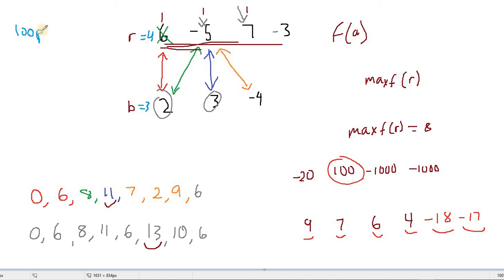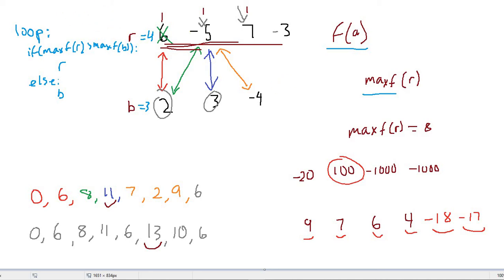Then use this maxF function: if maxF of R is larger than maxF of B, then take the first R term, and else take the first B term. And continue doing that. Essentially, that will help you get the highest value of this function that they're looking for in the problem statement.